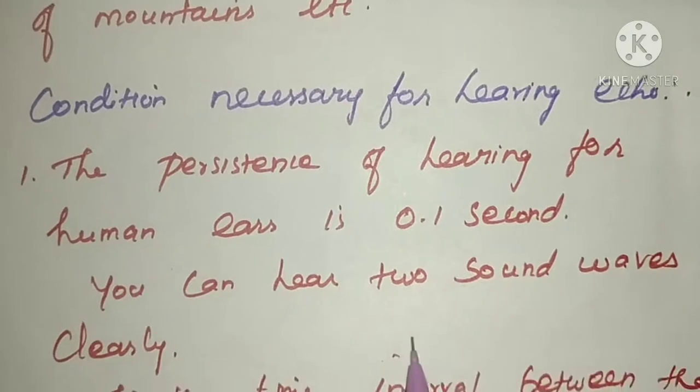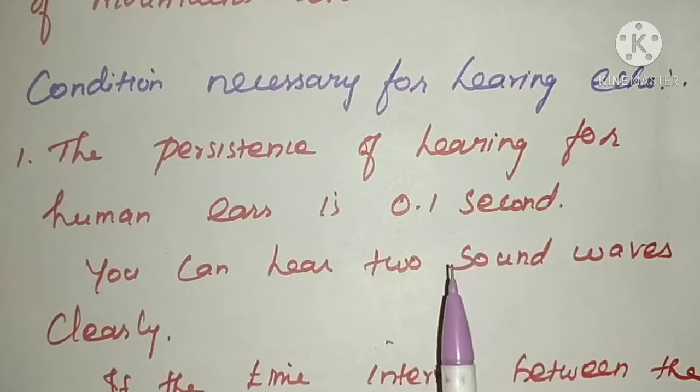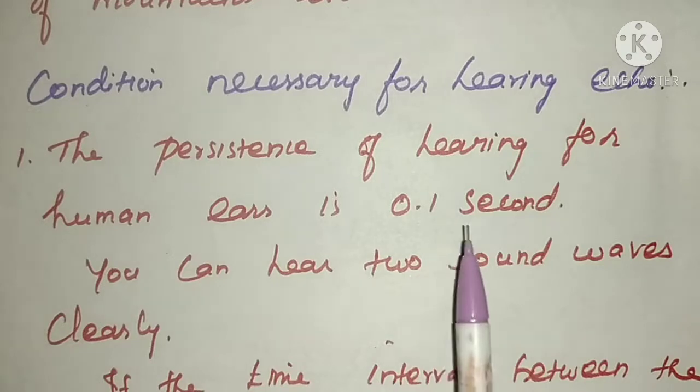The first one is the persistence of hearing for human ears is 0.1 second. Okay. So, the time interval between the reflected sound and the original sound should be 0.1 second. Then only we can hear the echo sound clearly.